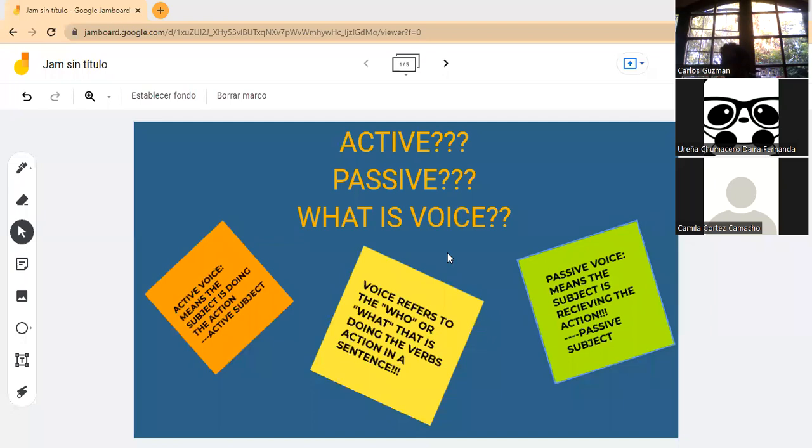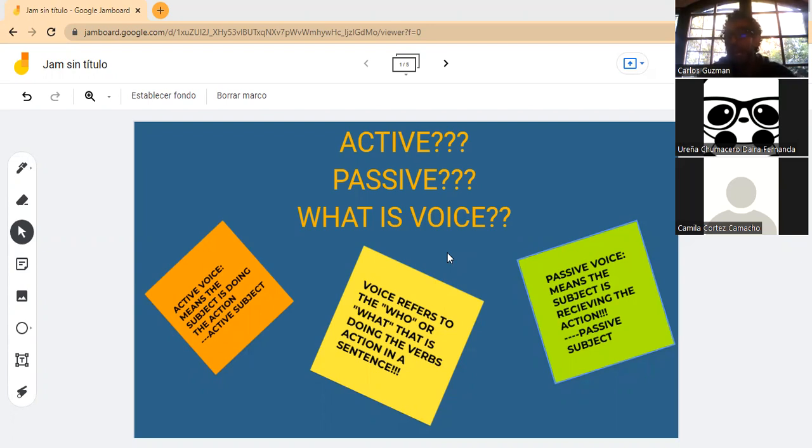While this loads up, oh, there it is already. In English, we have two different types of voices, the active voice and the passive voice, okay? The active voice is when the subject does the action. I play the piano. I'm the subject.